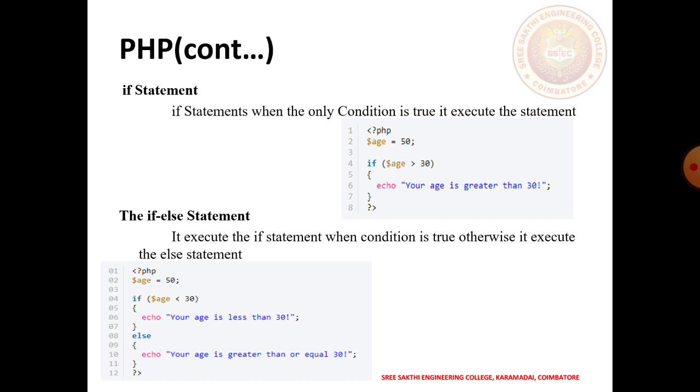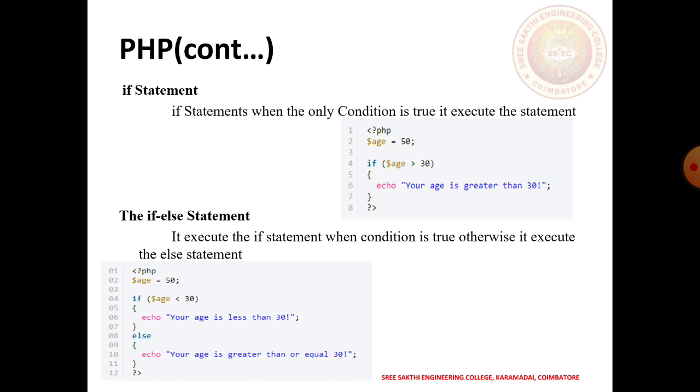Here we have two different programs for if and if else. In both programs, the variable used is age and the value assigned to the variable is 50. In the first program, the if holds the condition age greater than 30. In the second program, the if holds the condition age less than 30.